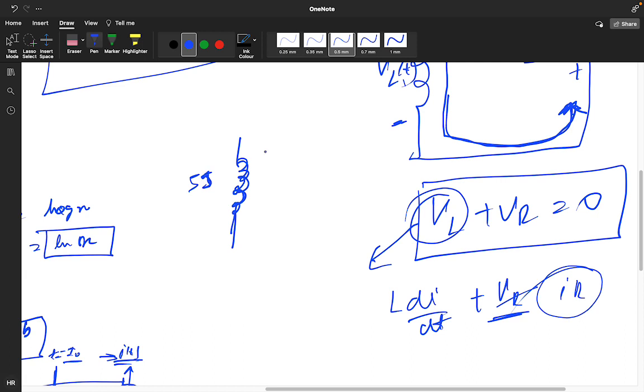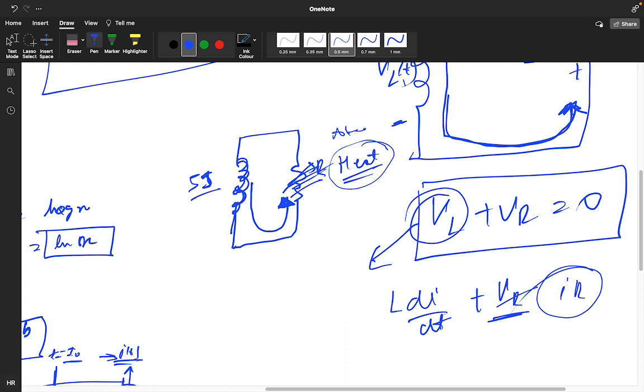Okay, and if I am connecting this inductor with a resistor, the 5 joule energy will get transformed in this resistor, and this resistor will dissipate this energy in the form of heat into the atmosphere.